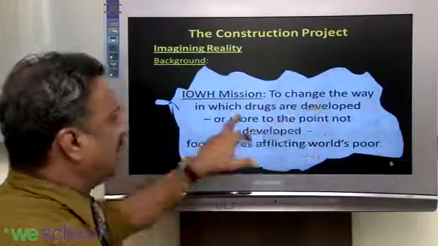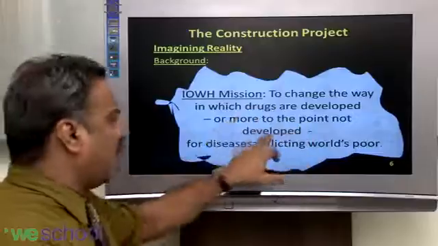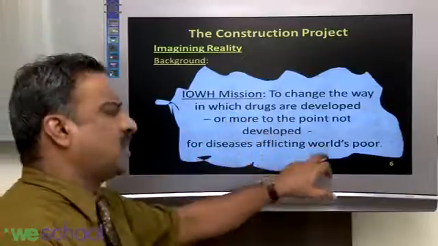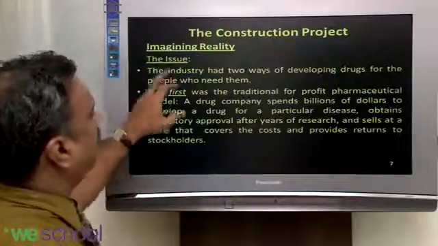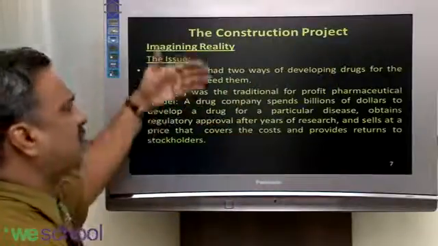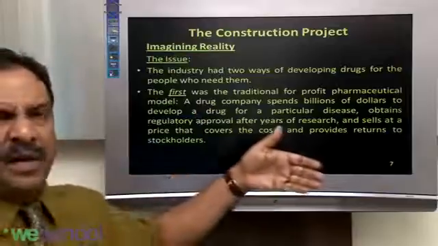And to change the ways in which drugs are developed, or more to the point not developed, for diseases afflicting the world's poor nations, the poor people, right? The industry had two ways of developing drugs for the people who need them. This is what I've explained briefly, right?